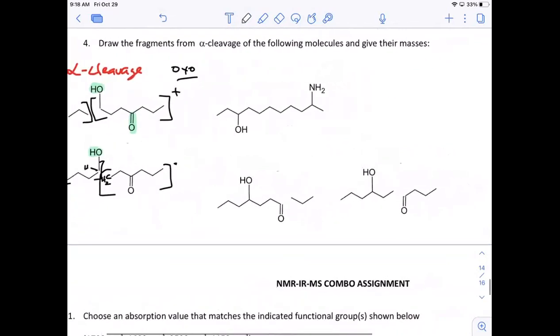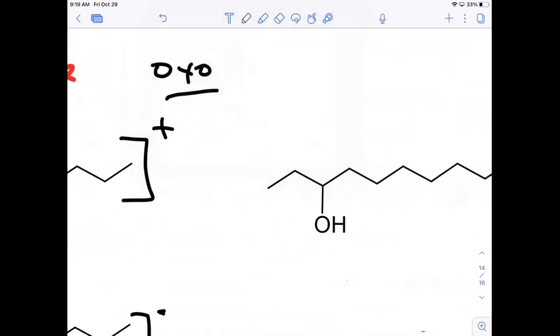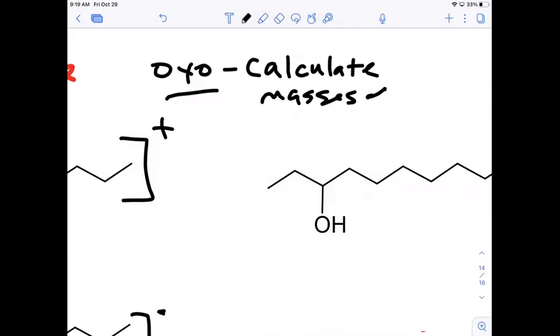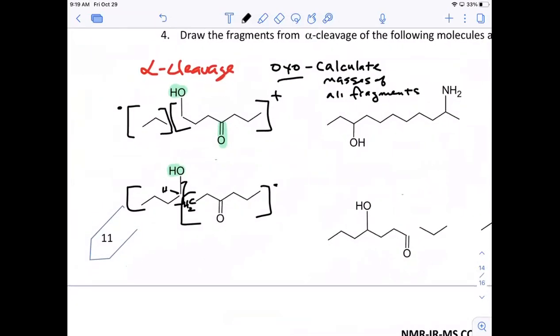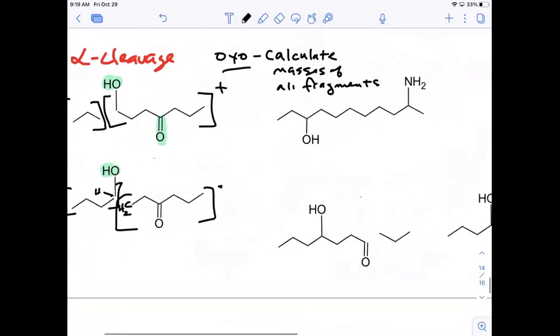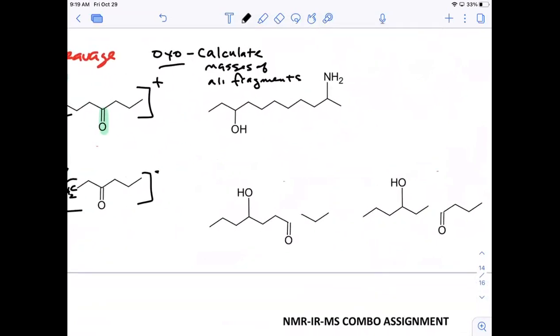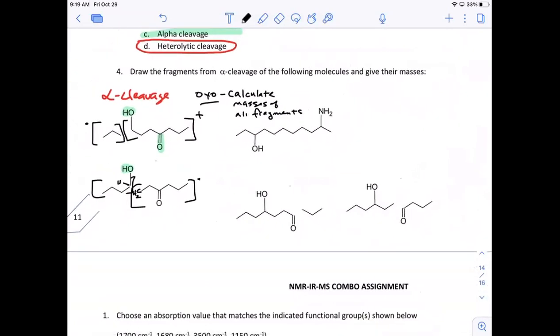Let me put that up here. So you want to calculate the masses of all of your fragments. And you can do the same thing for this molecule right here, on another page.